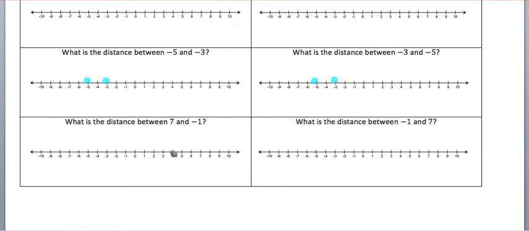Finally, the distance between 7 and -1 is 8. And as we would expect, the distance between -1 and 7 is also 8. So we can see that the order of those numbers doesn't matter.